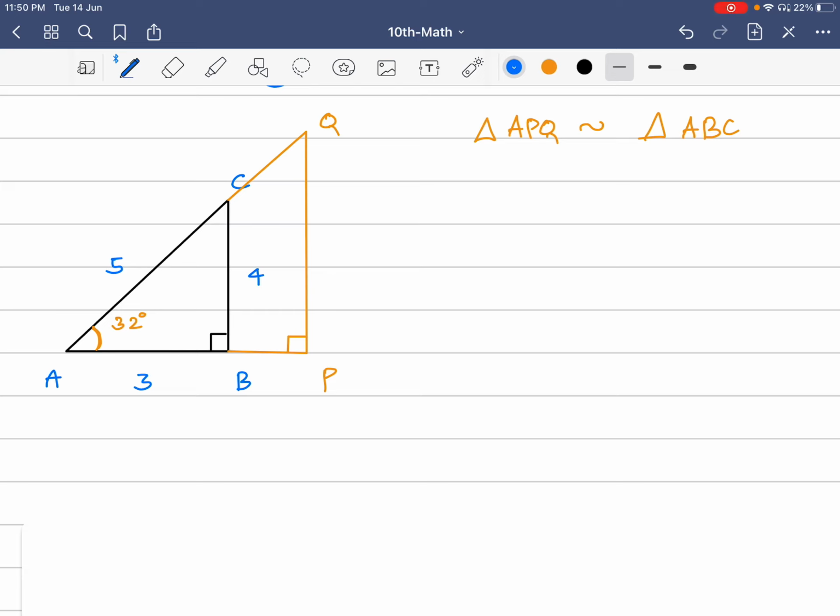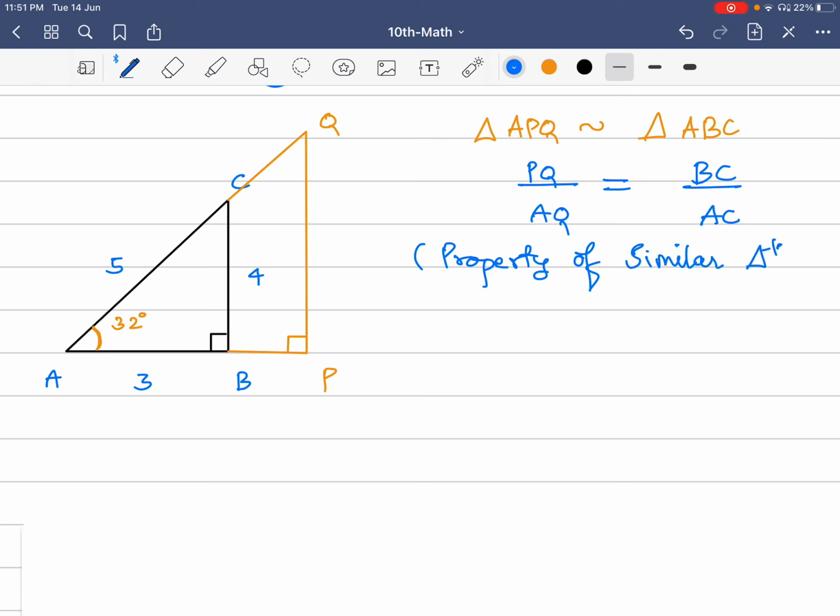So BC divided by AC is equal to PQ divided by AQ, by the property of similar triangles: their sides are in proportion.